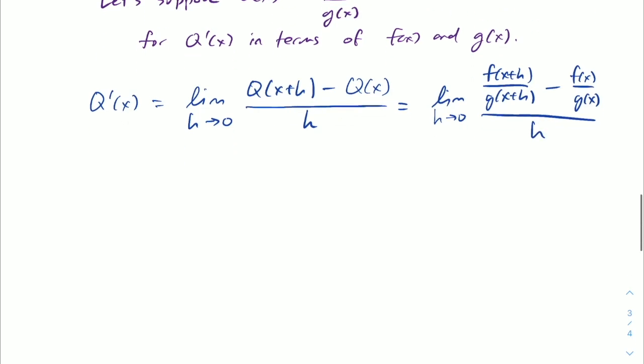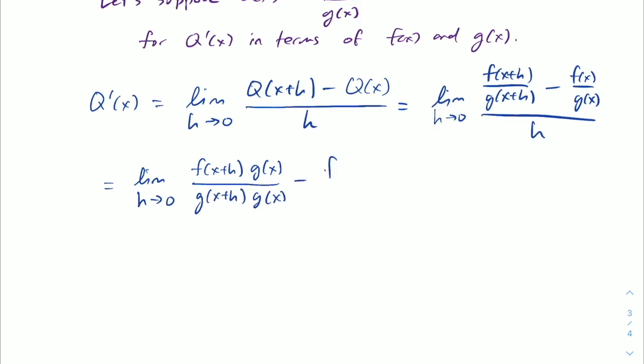All right, so I want to combine those fractions in the numerator. And the way that I'm going to do that is I'm going to create a common denominator. So I'm going to multiply the first fraction's numerator by g of x, and the second fraction's numerator by g of x plus h, and then the denominators will match. There'll be this g of x plus h times g of x. I'm also going to take this dividing by h and rewrite it as multiplying by 1 over h.